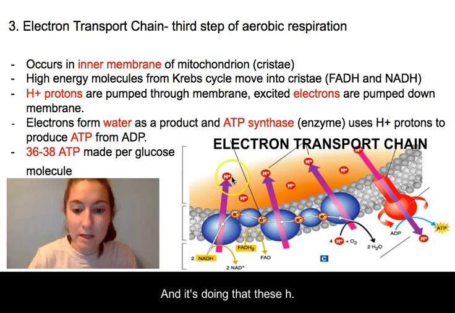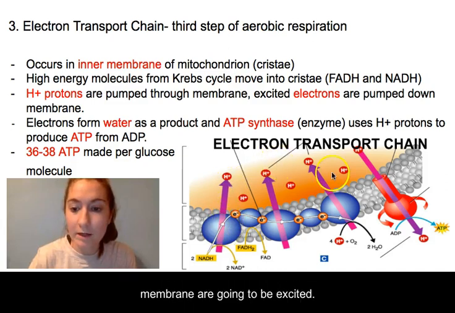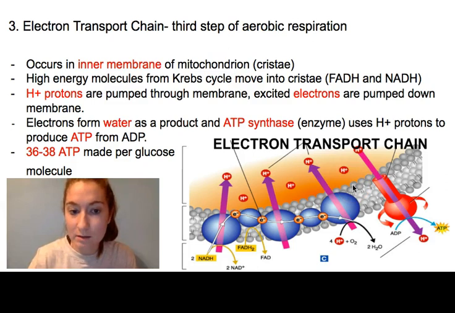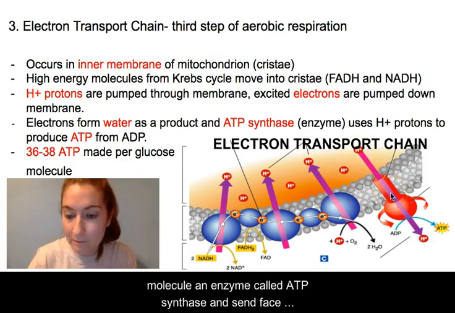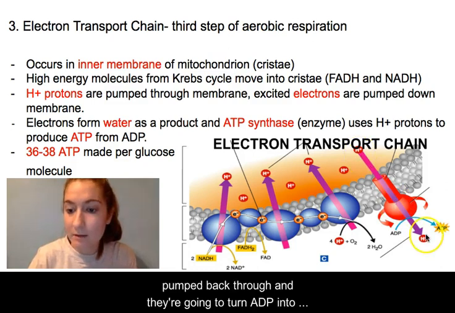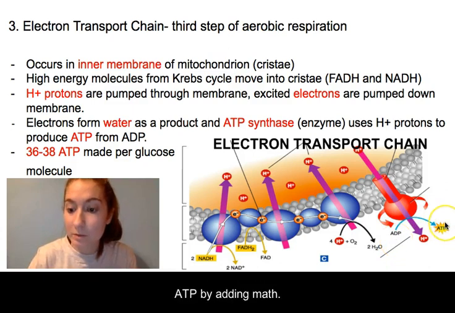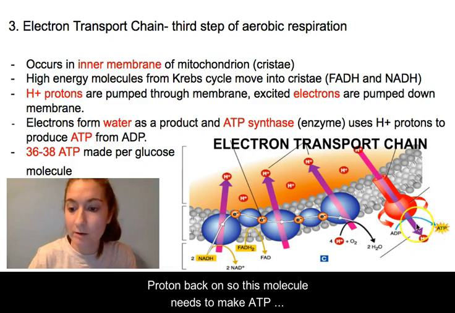And as it's doing that, these hydrogen protons are going to be pumped through the membrane. They're going to be excited, and then they're going to come over here to this molecule, an enzyme called ATP synthase, and synthase means to make. So those protons are going to be pumped back through, and they're going to turn ADP into ATP by adding that proton back on.